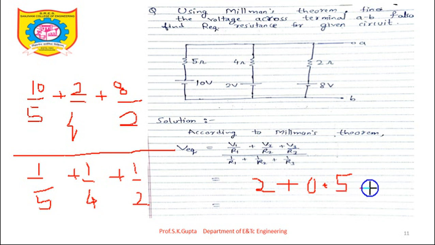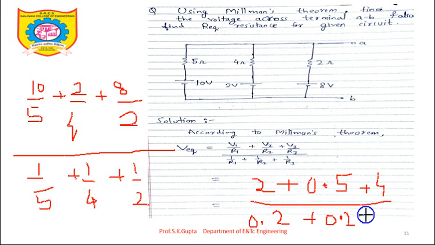And 8 by 2 is 4, whole divided by this 1 by 5 is 0.2, 1 by 4 is 0.25 and 1 by 2 is 0.5. So with the calculator you can easily find out the value.